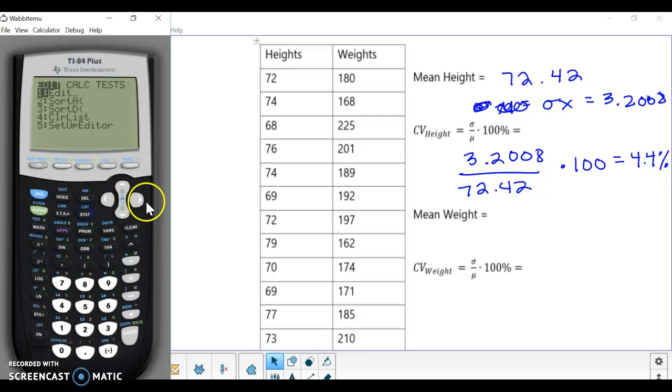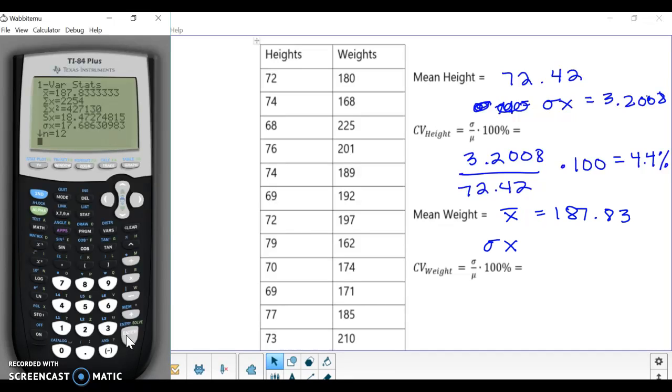And then Stat, arrow right, and then enter. Our mean is 187.83, and our sigma x, that tells us our standard deviation, is 17.6863.